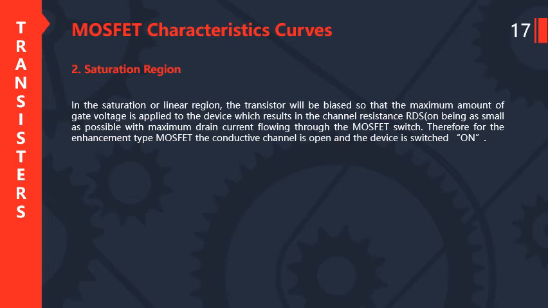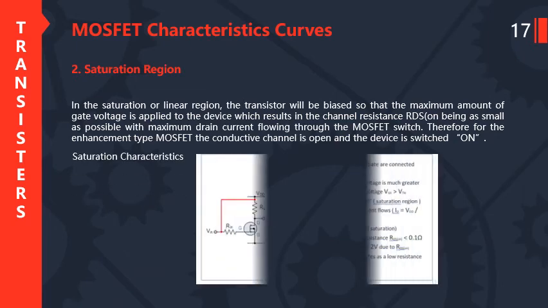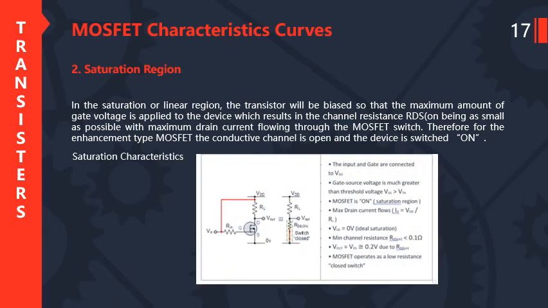Therefore, for an enhancement type MOSFET, the conductive channel is open and the device is switched on. So this is the diagram and the characteristics of the saturation region.